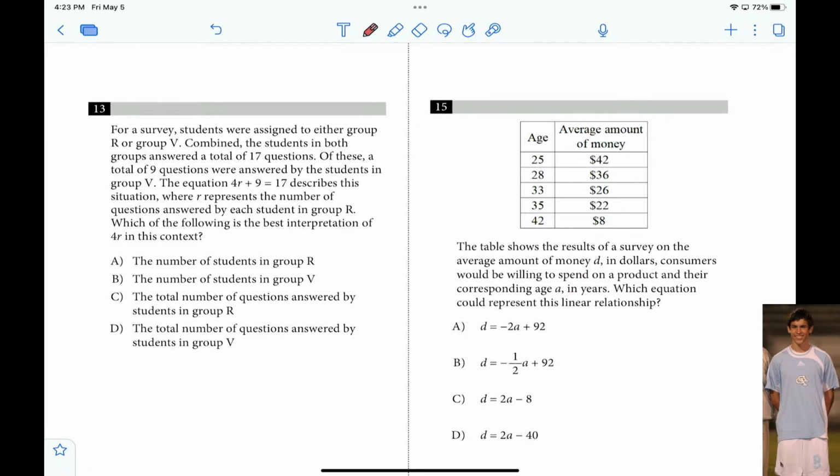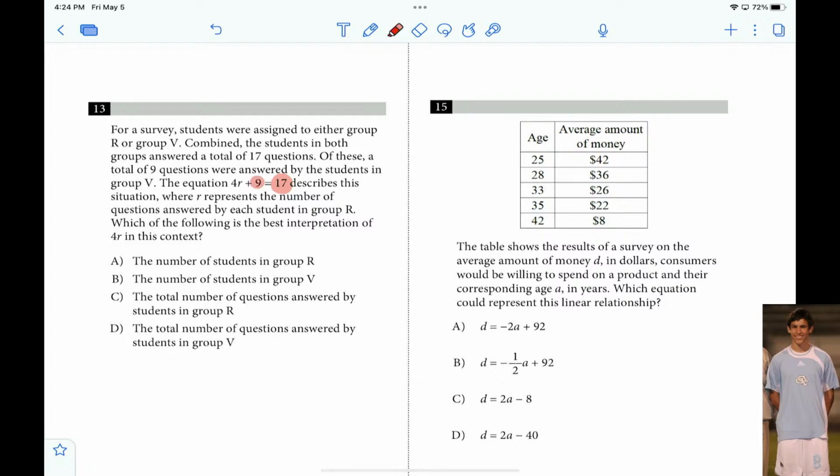So I usually try to think about this question in terms of units. I would notice that 17 was the total number of questions answered by all groups, both groups. This 9 was the total number of questions answered by group V. So I'm going to highlight each of these terms that we have here. The 17 represents a total number of questions, but for both groups.